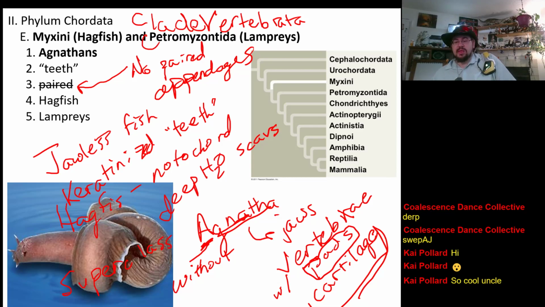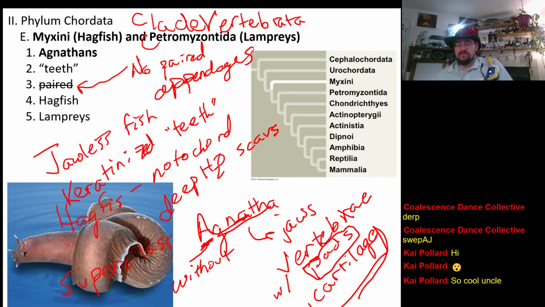So, that vertebra has the spinal cord running through it. So we now have a protective structure for our dorsal hollow nerve cord. There are parasitic lampreys and non-parasitic lampreys.